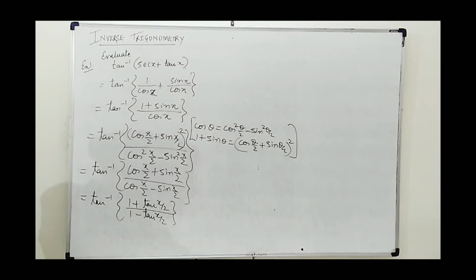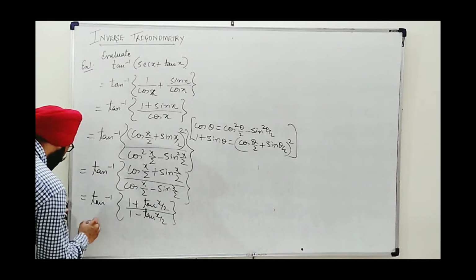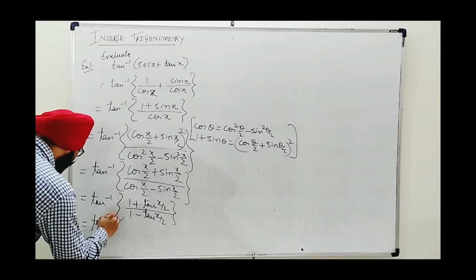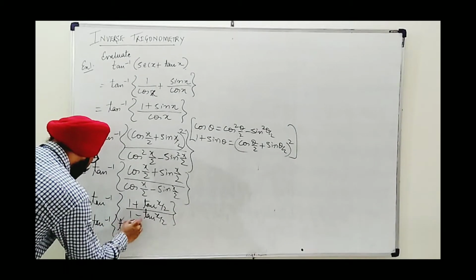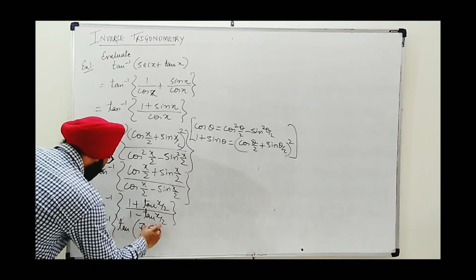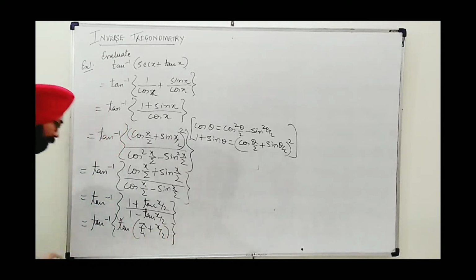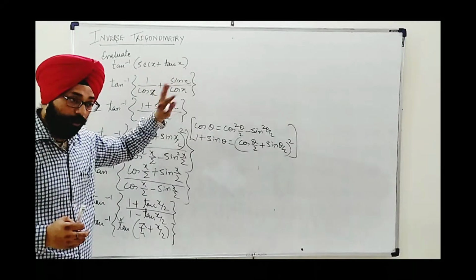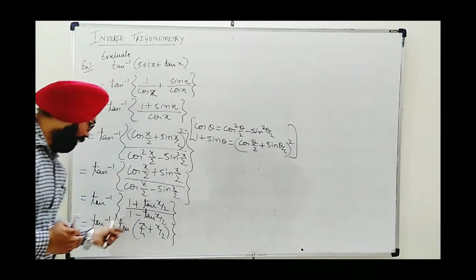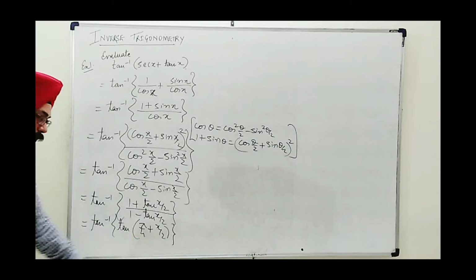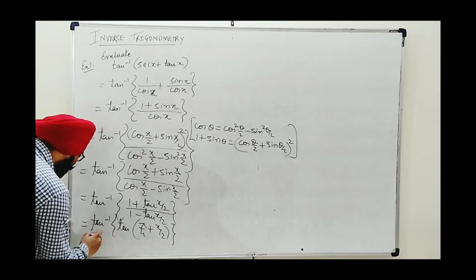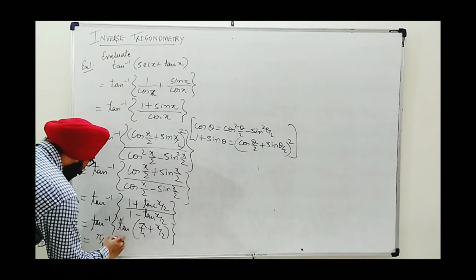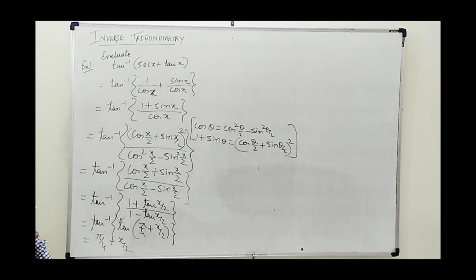Recently we have seen that it is tan of pi by 4 plus x by 2. And since this expression is given without condition, no condition is assigned to us, that's why we will consider this to be in the principal domain and it can be cancelled out. Finally we are left with pi by 4 plus x by 2.